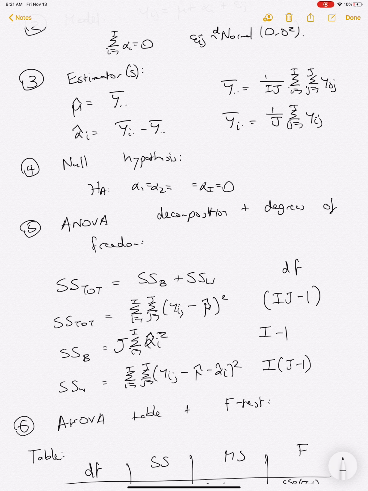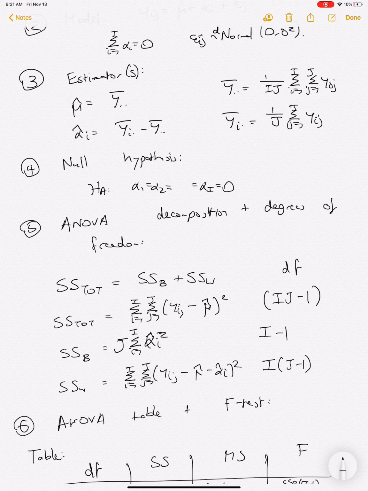So for the total sum of squares, because there's only one parameter involved in IJ samples, it's IJ minus 1. For the between group sum of squares, because you essentially have I parameters, the alpha i's, that's why you get I. But then you also have the constraint that the sum of the alpha i's is 0, so that gives you the degrees of freedom I minus 1.